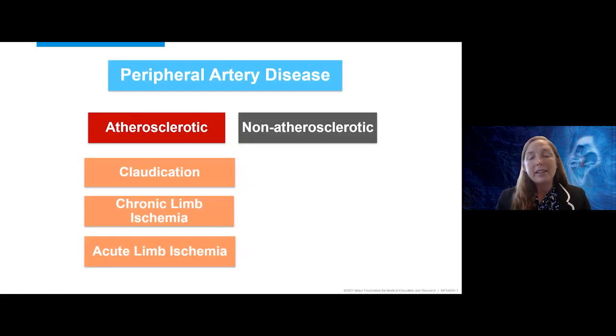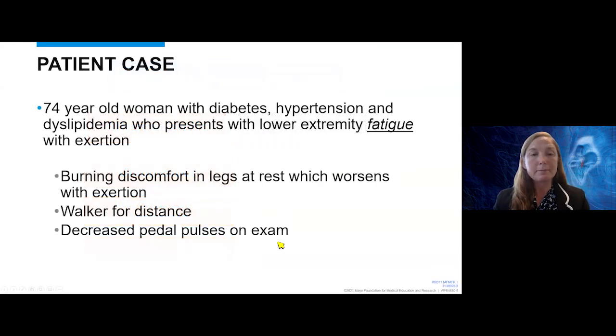And PAD can certainly be non-atherosclerotic, but generally is atherosclerotic in origin, and patients present with stable exertional symptoms, which we classically think of as involving claudication, chronic limb ischemia, or acute limb ischemia. And ABI testing is absolutely part of that initial testing for claudication and chronic limb ischemia.